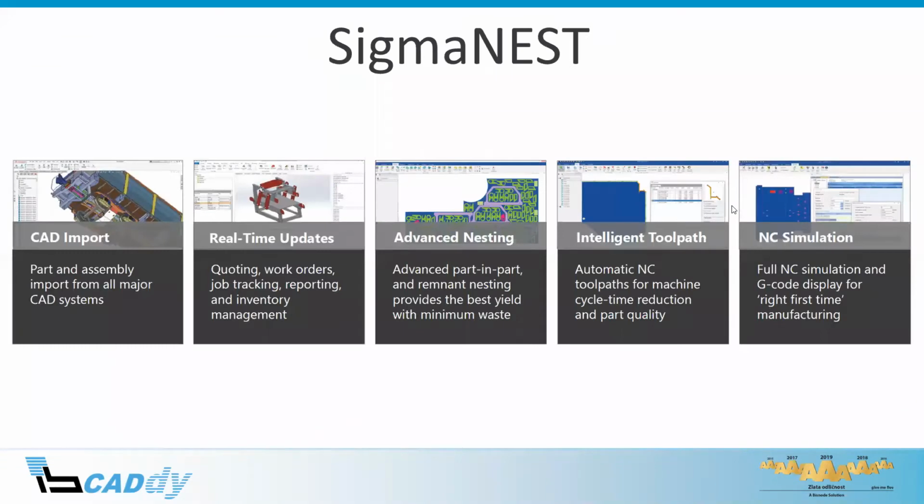SigmaNEST is an advanced nesting solution, which offers a wide range of customizable modular features to get the most out of your manufacturing operation. Using SigmaNEST, you can import parts from any major CAD system, automatically sort them into tasks by material and machine, optimize your material usage and machine motion, post programs to your profile cutting machine, and track your productivity from start to finish.